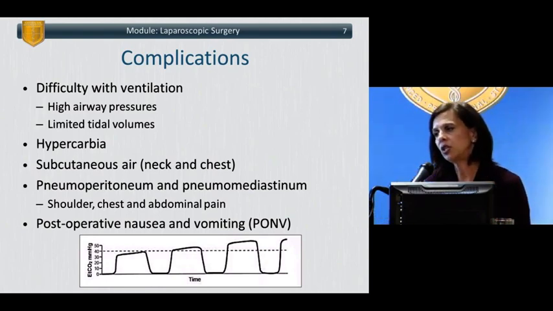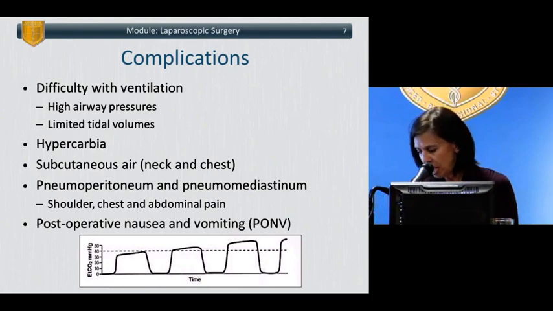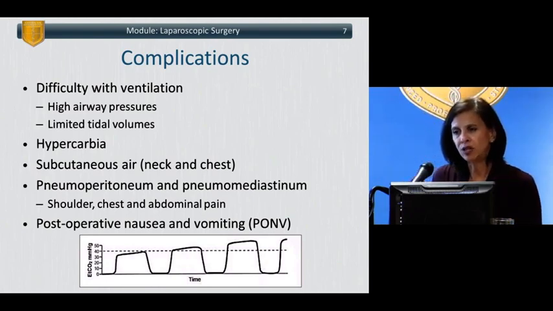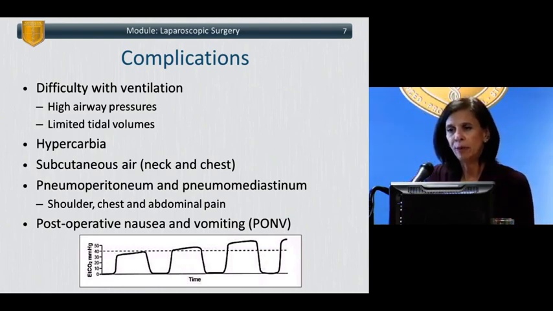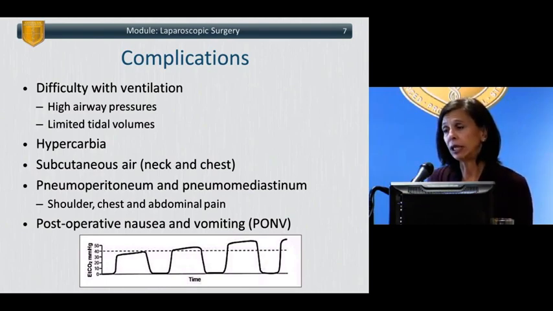Generally, the subcutaneous air looks worse than it actually is. It has a crepitus, kind of like those air bubble things used for shipping, and you can squish it around. And the patient may think it looks weird, but it usually does not compromise airways or venous access or anything like that.